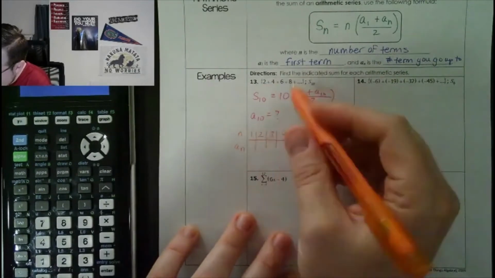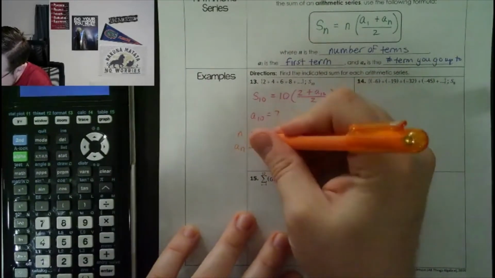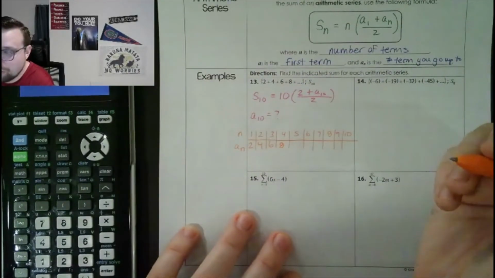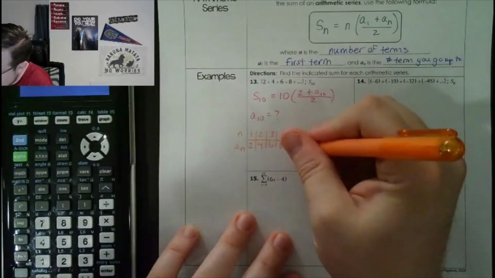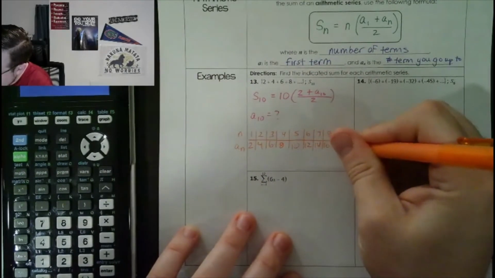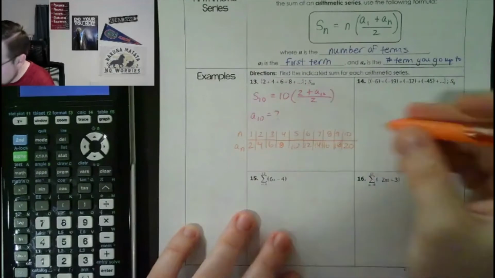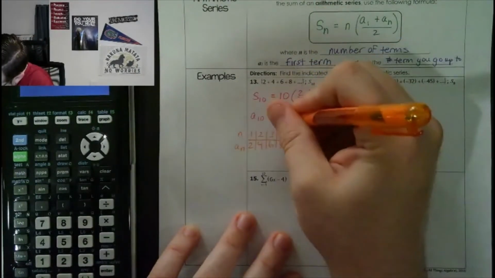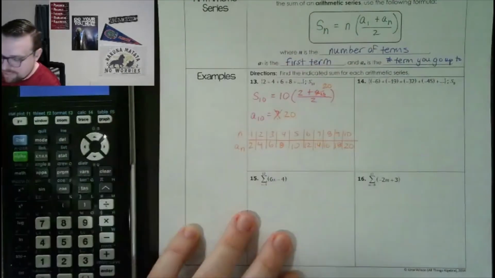We already know the first term is 2, second term is 4, 6, 8. Keep adding 2 every time, and you'll get up to the 10th term. So 10, 12, 14, 16, 18, 20. So this right here is 20. A sub 10 is 20.